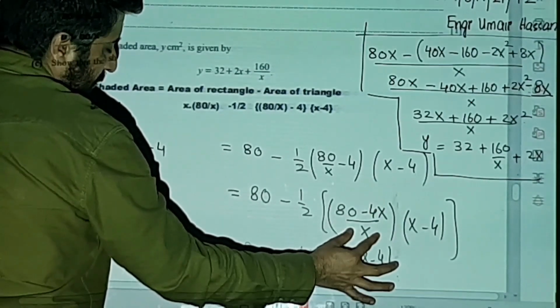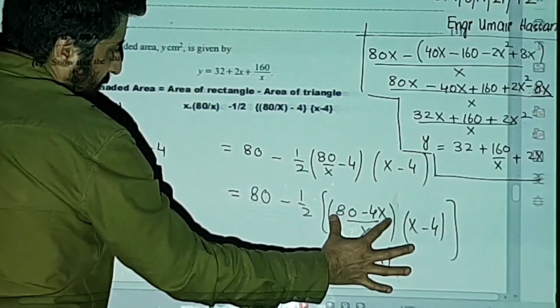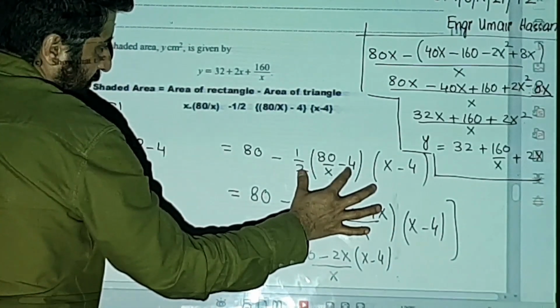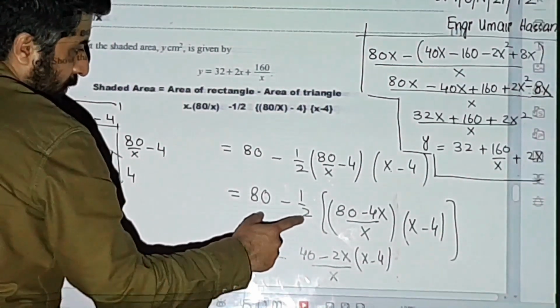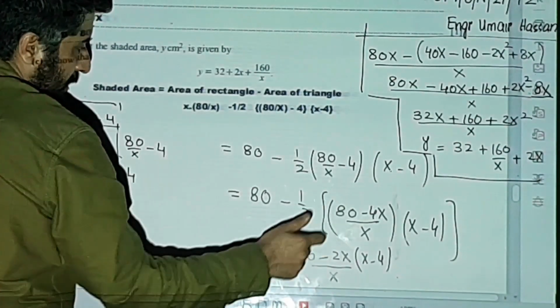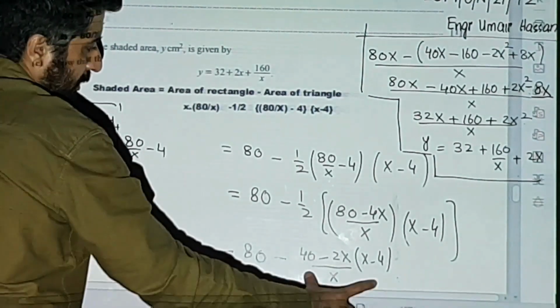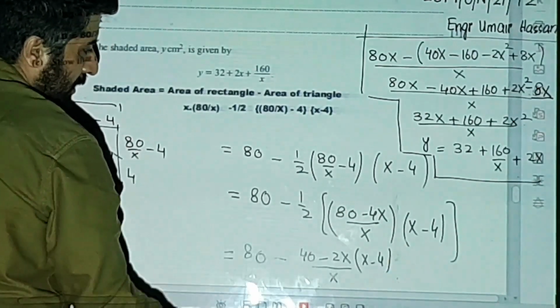So if x is the LCM in the denominator, then 80 minus 4x will be in numerator, x will be multiplied with 4 into x minus 4. Now divide by 2: 80 divided by 2 is 40 and 4 divided by 2 is 2. So this will be the answer if 2 will be dividing both these terms.